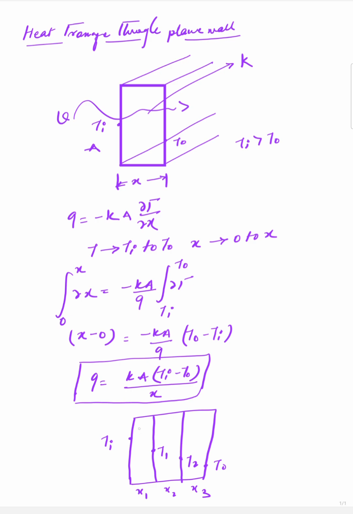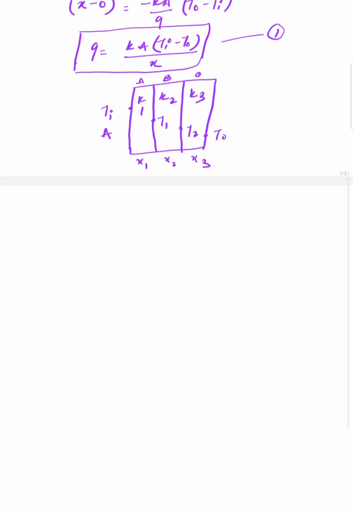The first layer has thermal conductivity k1, second k2 and third k3, and heat transfer area is A. In that case, by using equation number 1, we can write the equation for each layer separately. So let's assume this is layer A, this is layer B, and this is layer C.